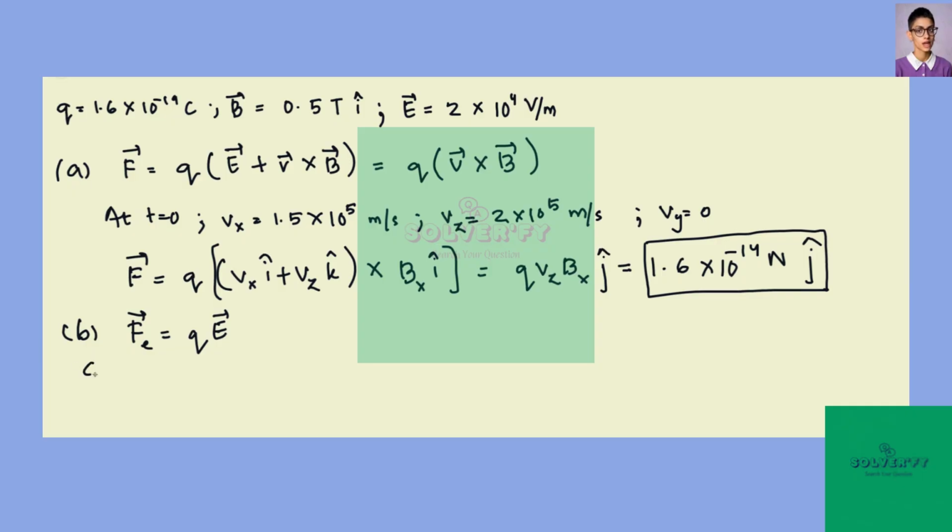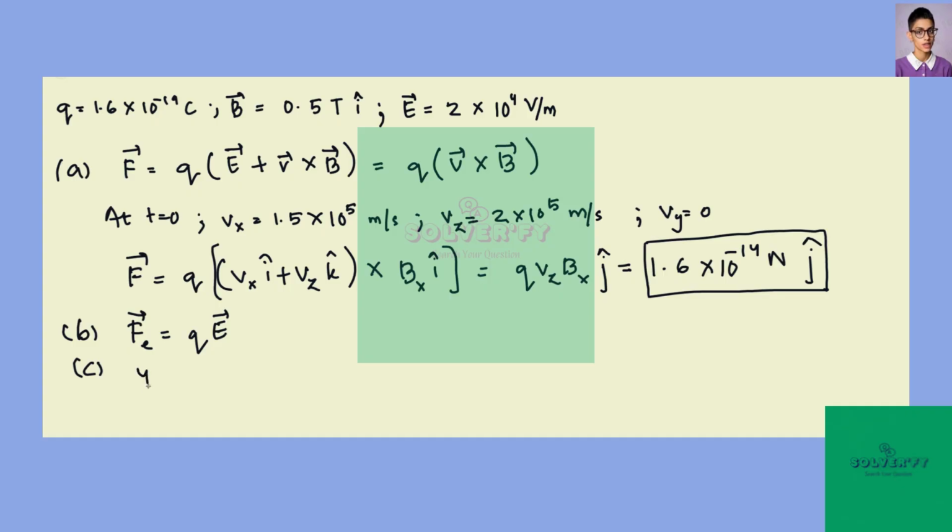Now for part C, in the plane perpendicular to the B vector, B is along the x direction, so the plane perpendicular to B will be the YZ plane.